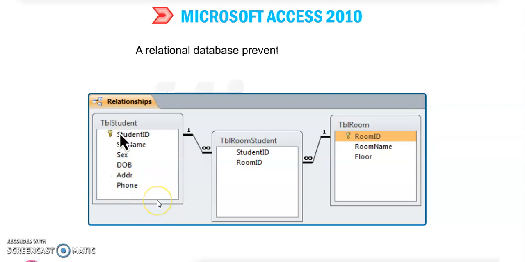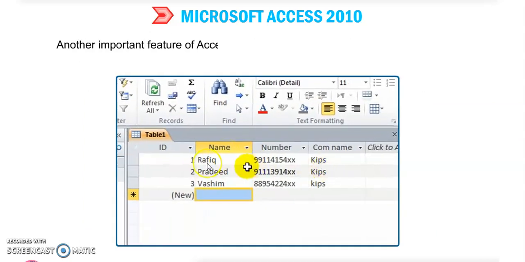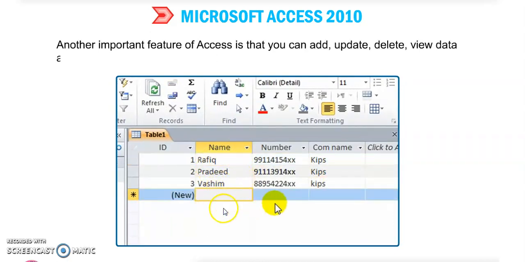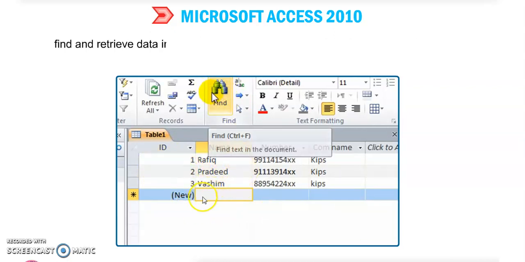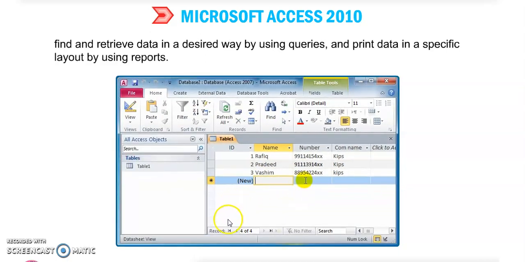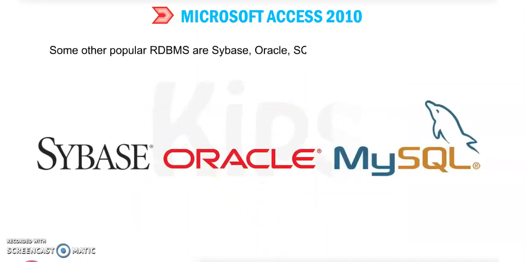A relational database prevents duplication of data. Another important feature of Access is that you can add, update, delete, view data, and establish relationships by using forms. Find and retrieve data in the desired way by using queries, and print data in a specific layout by using reports. Some other popular RDBMS are Sybase, Oracle, and MySQL.